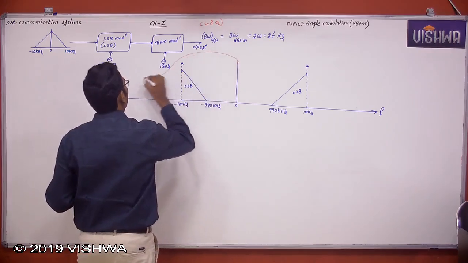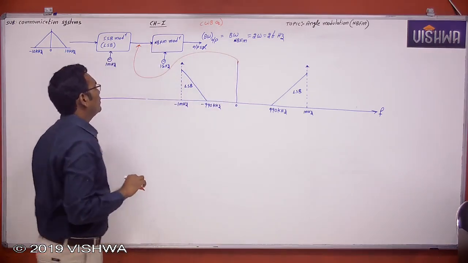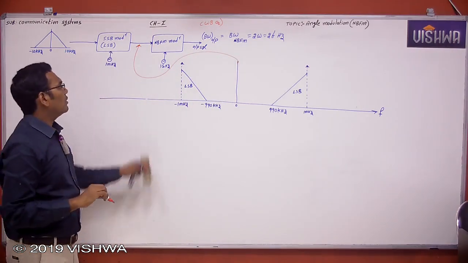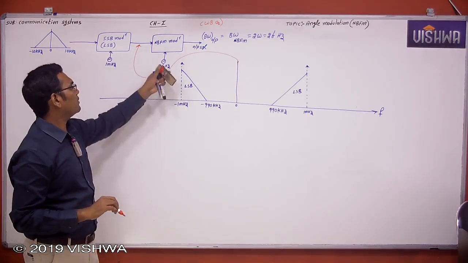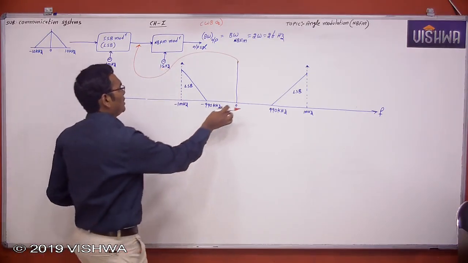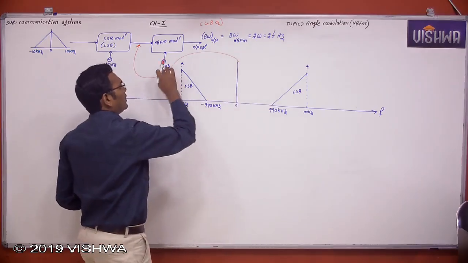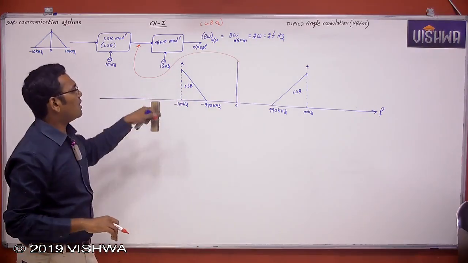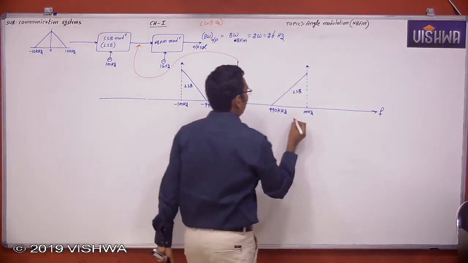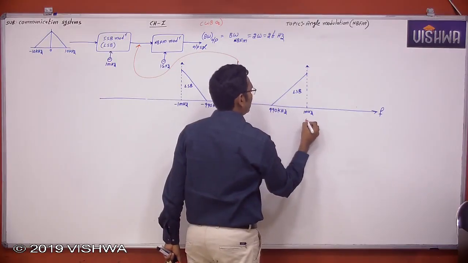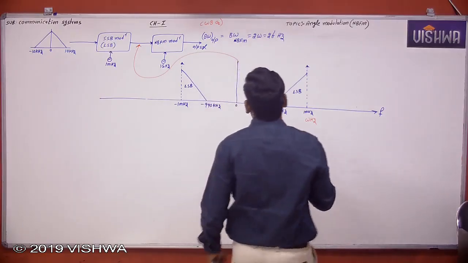Now this signal is the input to the narrowband FM modulator. This is 1 GHz. Now this spectrum is shifted to 1 GHz. Now this is the narrowband FM. What is the highest frequency now? This is the highest frequency. But what is the bandwidth?